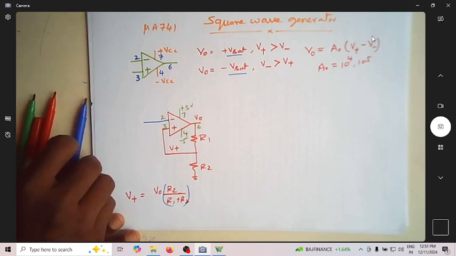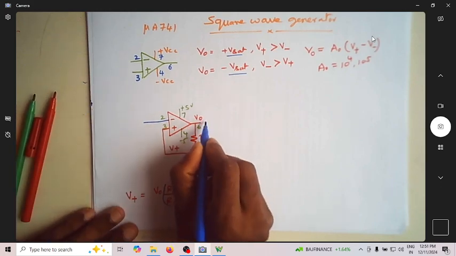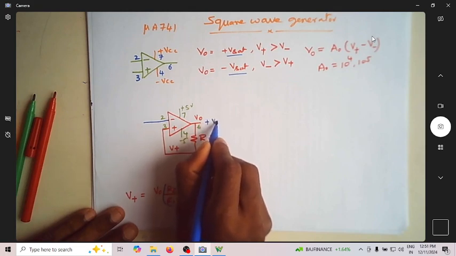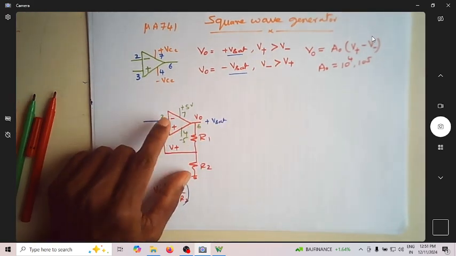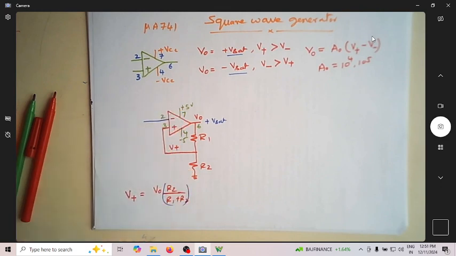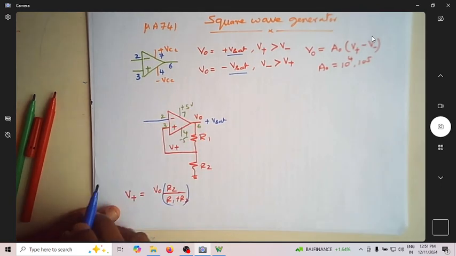Suppose we assume that the output voltage is at plus Vsat. We also know that the saturation voltages are always less than the supply voltage.